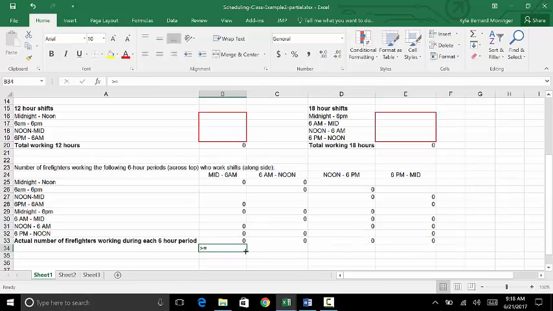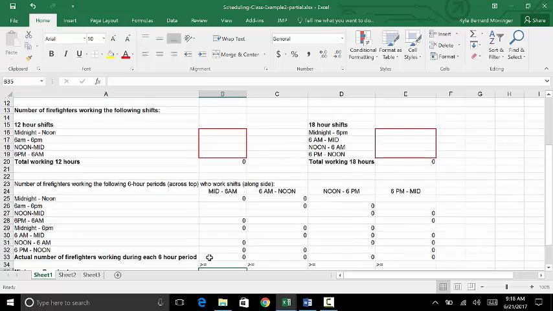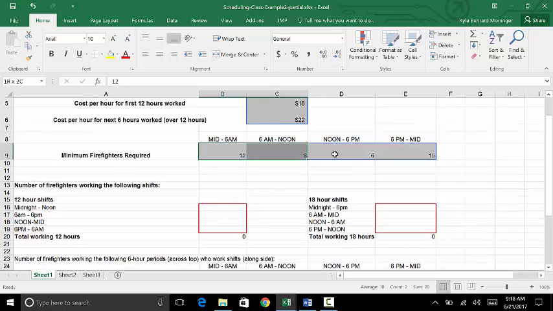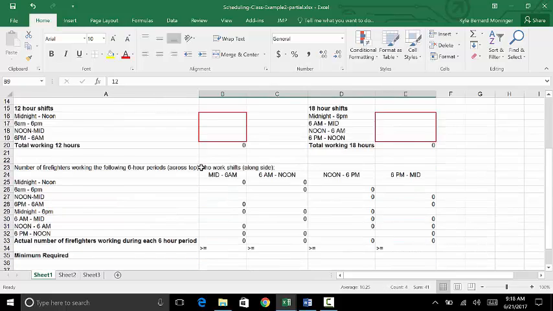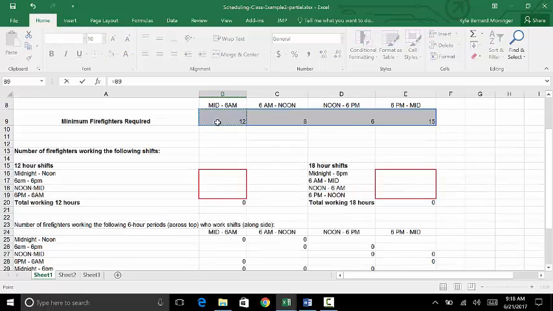That must be greater than or equal to the minimum required, which is found up here. So I'm just going to do equals my data.